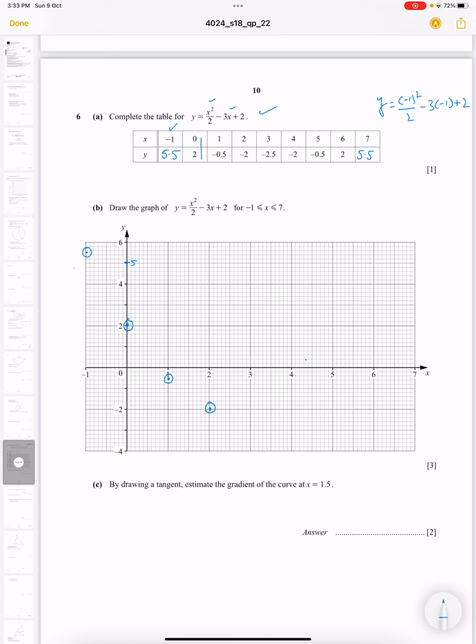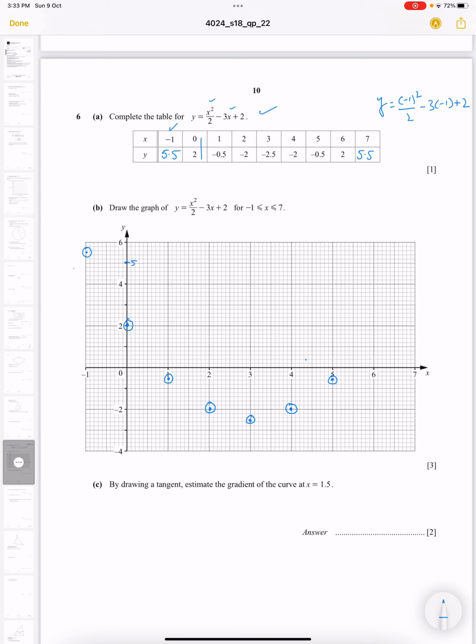Now the next point is 3, minus 2.5. So 3, minus 2.5 will be about here. After that the point is 4, minus 2. This is 4, minus 2. Then 5 and minus 0.5. So that will be here.